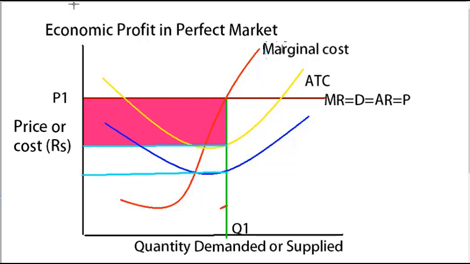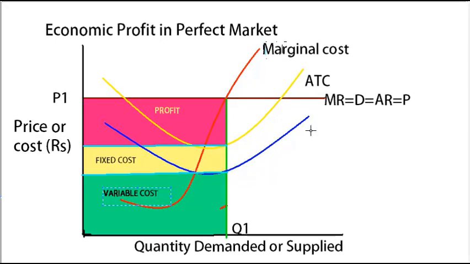Yes, it will be the same as average total cost, because the slope of average total cost is decided by the variable cost, since fixed cost remains fixed. There is no change in the fixed cost. The point where it cuts the quantity demanded line gives you the demarcation point for variable cost, which is in yellow, and the rest is your fixed cost.